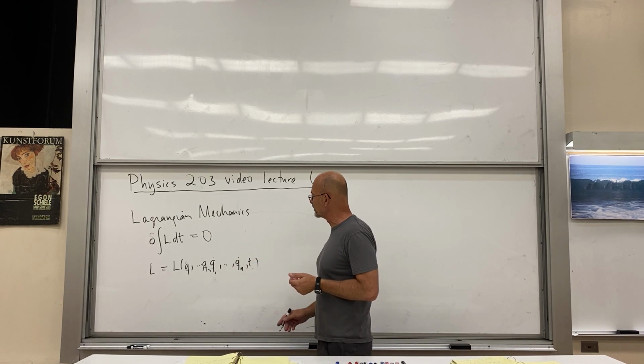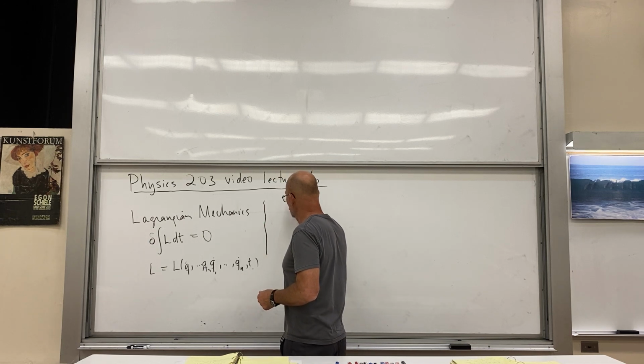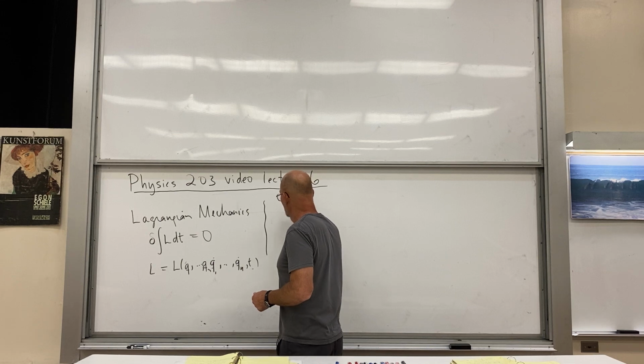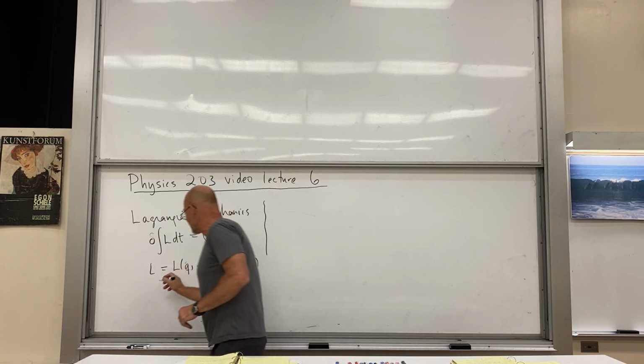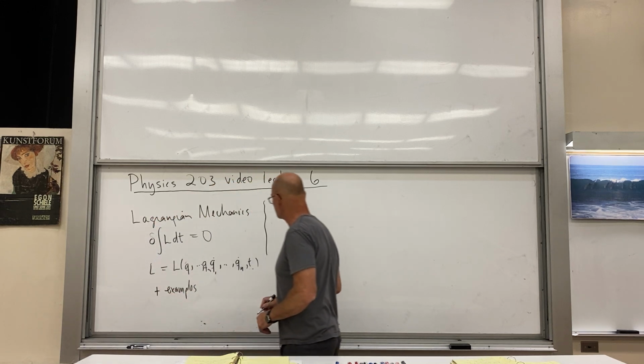We have the equations of motion. And then we have symmetries and conservation laws. Well, how about I write this? Plus examples. So we actually constructed some Lagrangians.